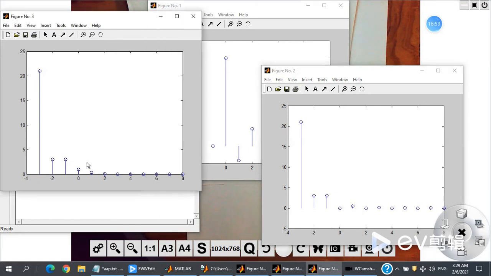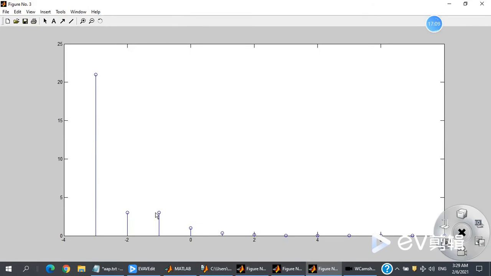And here's the final answer. The initial value at 0 is 1, and at n equal to negative 1, this should be 3, right? This is 5 here, so this is 3. The value here is 3.